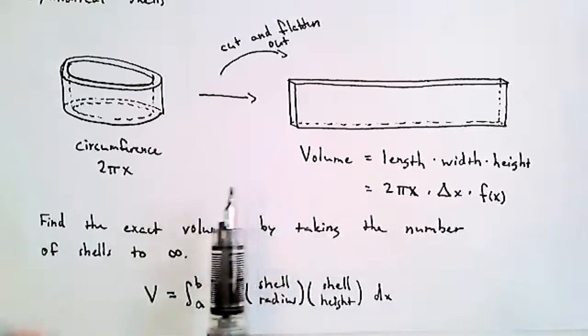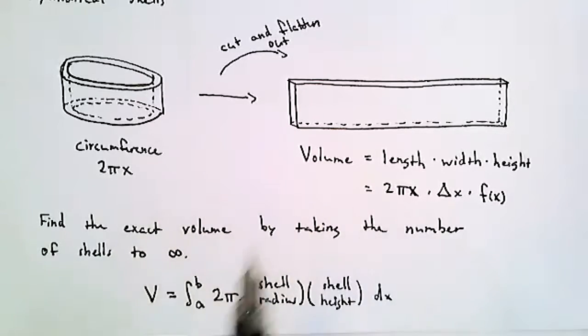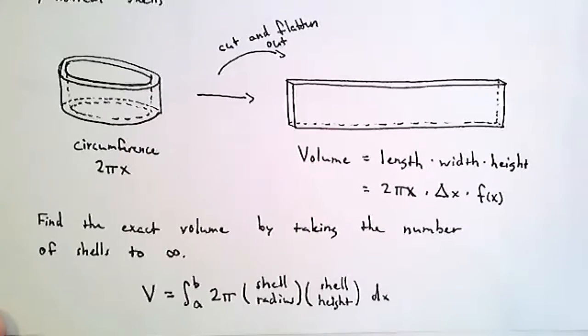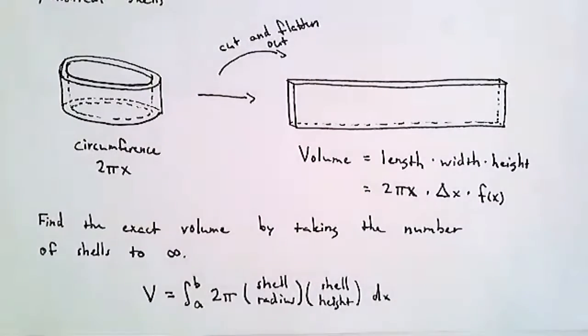So we're not going to bother, like you did in Calculus 1, trying to use an approximation when you first learned about Riemann sums. We're just going to go straight to the integral in practice. But are there any questions before we actually do one of these integrals? Any questions about the geometry?